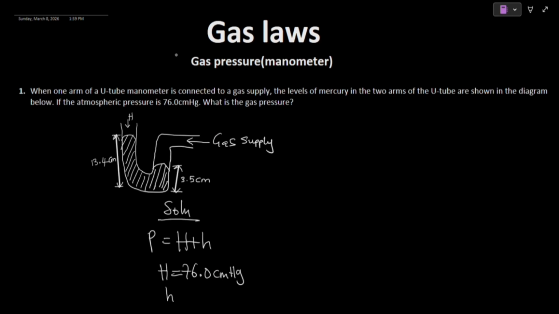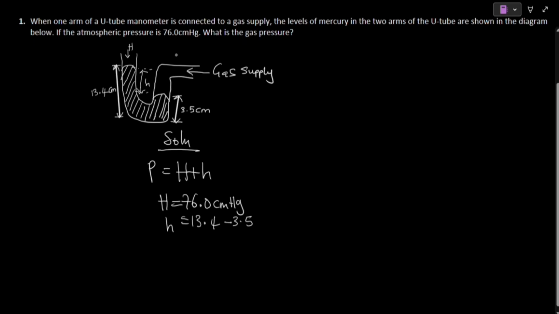So for us to get that difference, that change, look at the change here. For us to get this pressure change, we'll simply do 13.4 minus 3.5, and that will give us h to be equal to 9.9 centimeter.